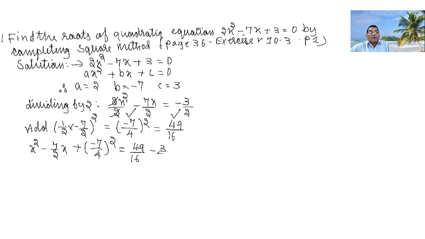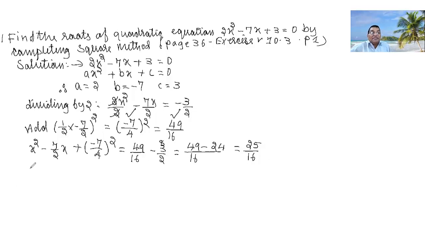Then simplify this. 16 is the LCM because 2 is a factor of 16. 16 upon 16 is 1, 1 into 49 is 49. 16 upon 2 is 8, and 8 into 3 is 24. So 49 minus 24 is 25, divided by 16. Simplify the RHS.